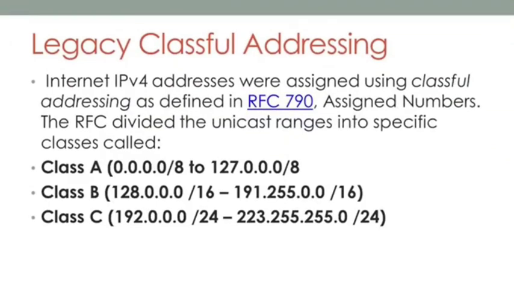The legacy of classful addressing. Internet IPv4 addresses were assigned using classful addressing, defined in RFC 790, Assigned Numbers, and the RFC divided the unicast ranges into specific classes: Class A, Class B, and Class C.